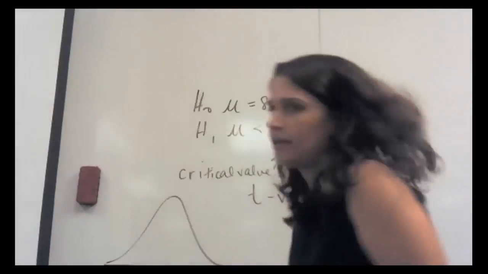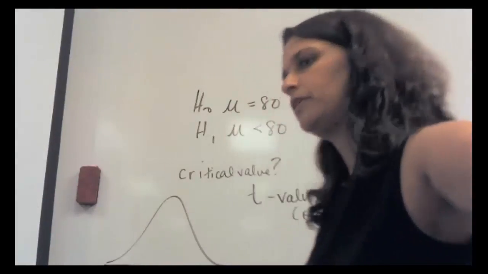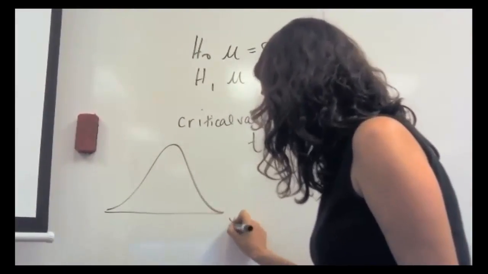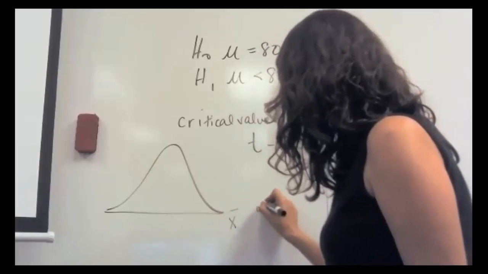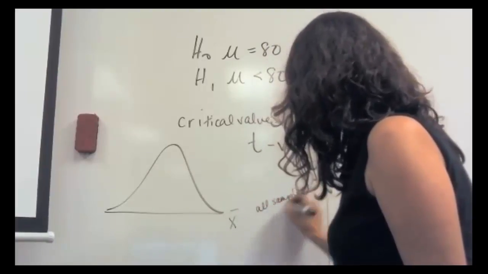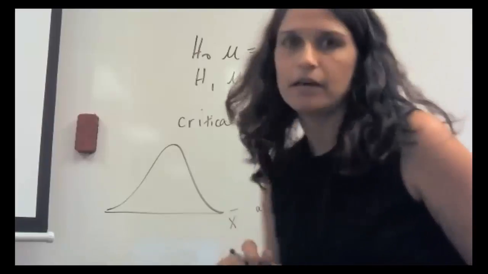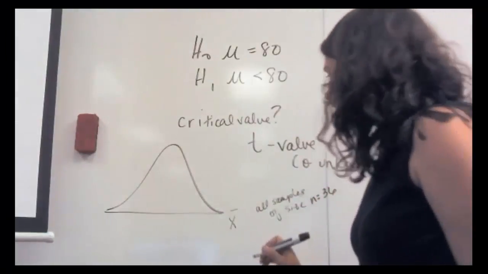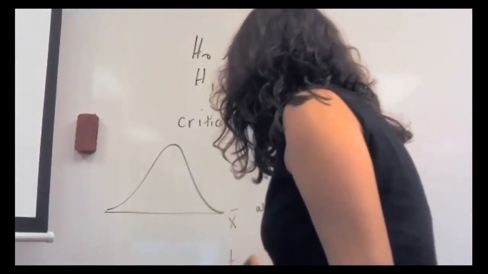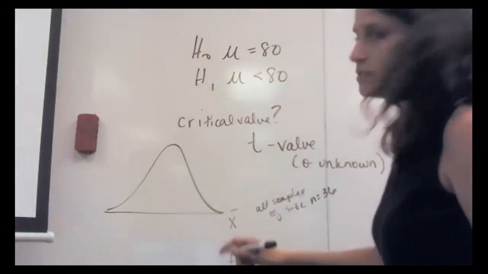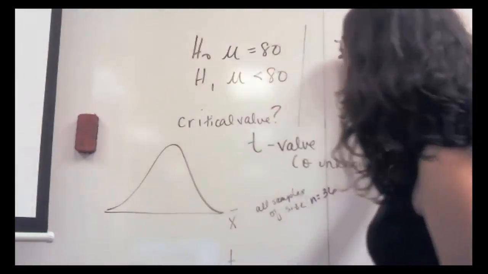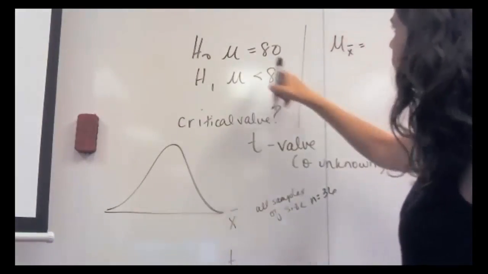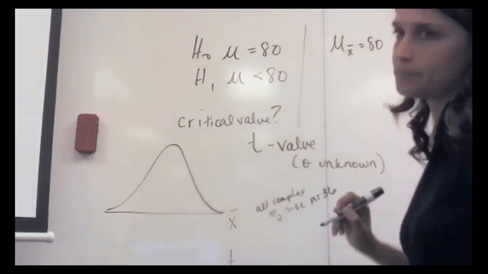All right, so I can create this, which is basically my normal distribution. These are all samples of size n equals 36, and I can translate that into t-values. For my mean of means, I'm going to assume it's my null.